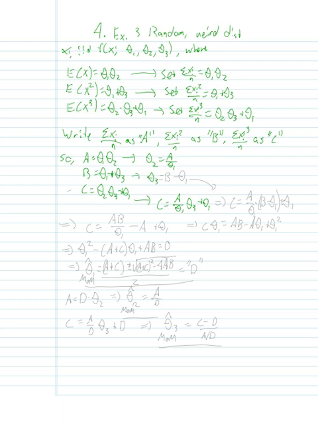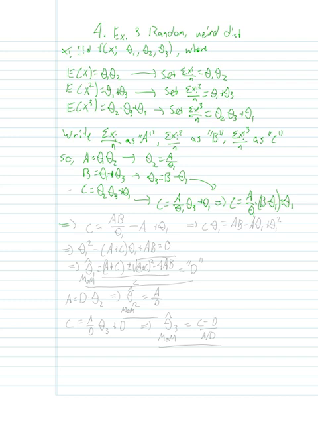So in the second equation, we get that theta 3 is equal to B minus theta 1, right? Which, again, if you plug into this third equation, that gets us C equals A over theta 1 times B minus theta 1, plus theta 1.